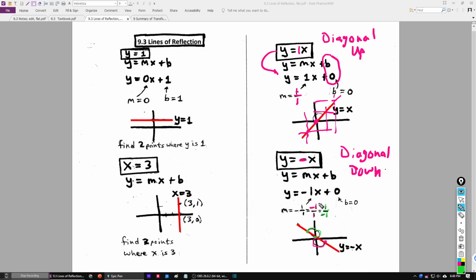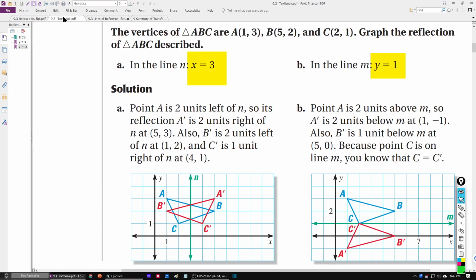And why is that mathematically? Because a negative divided by a positive is negative, and a positive divided by a negative is also negative. All right, so make sure you understand that concept. It'll help you to understand these lines of reflection.